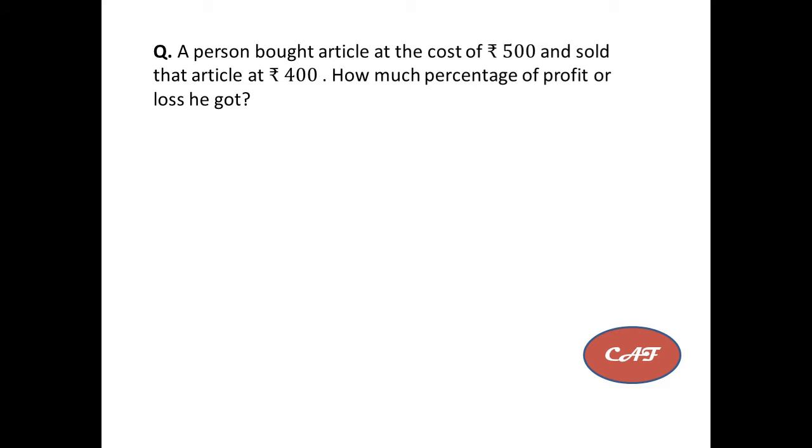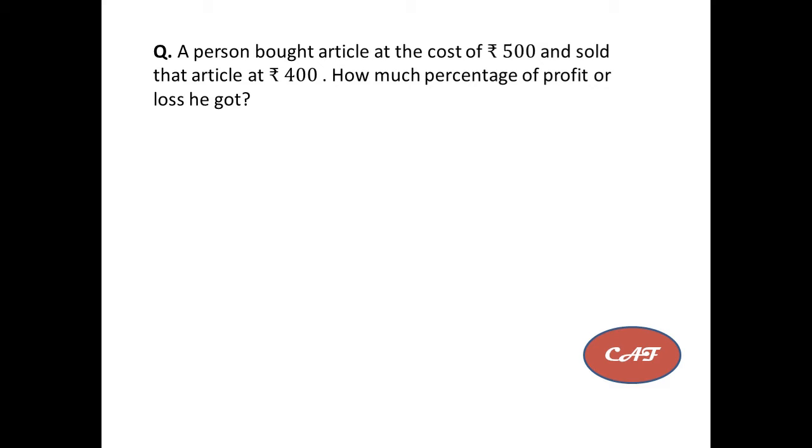Next question. A person bought an article at the cost of 500 rupees and sold that article at 400 rupees. What percentage of profit or loss did he get? Same question he is asking, but now he is asking the percentage of profit or loss. Same thing, we have to take what is CP, what is SP, and compare to know whether it is loss or profit.